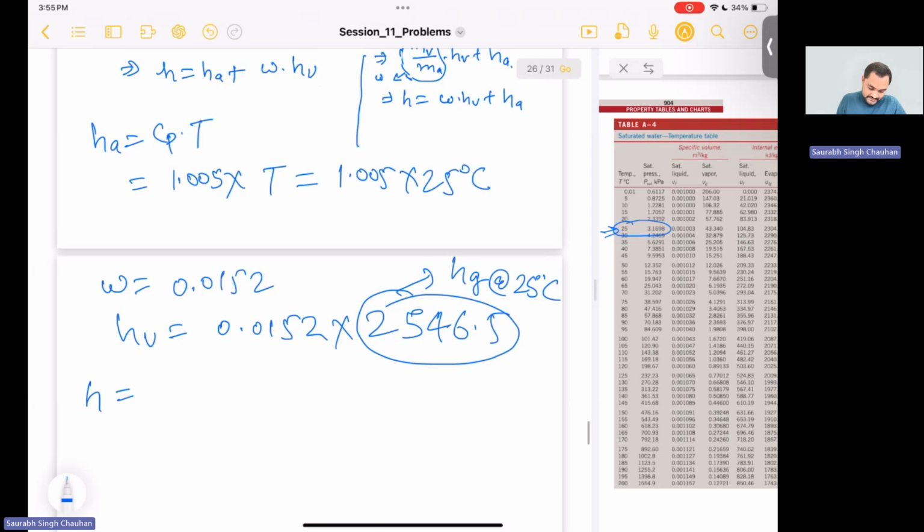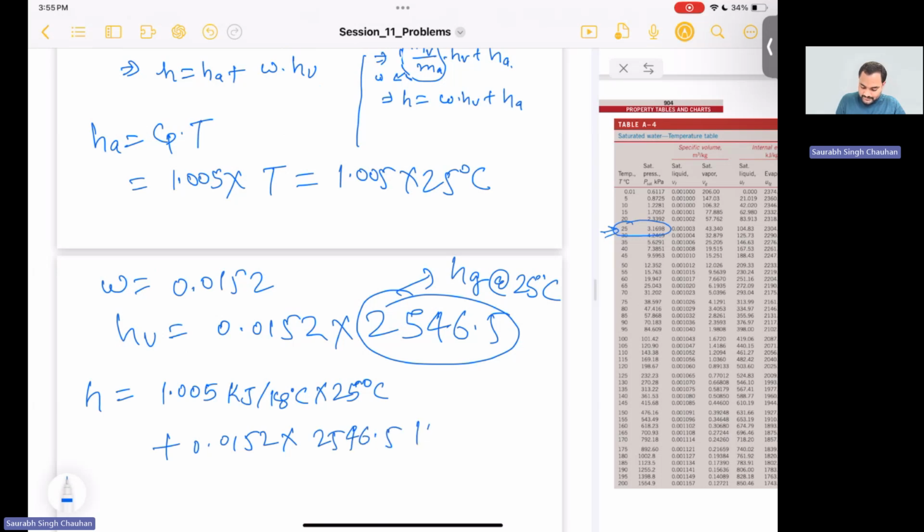Let us write the units as well: 1.005 kilojoule per kg degree Celsius into 25 degrees Celsius plus 0.0152 into 2546.5 kilojoule per kg.